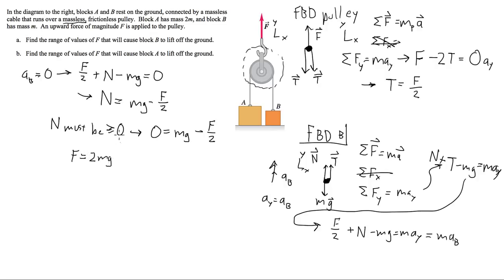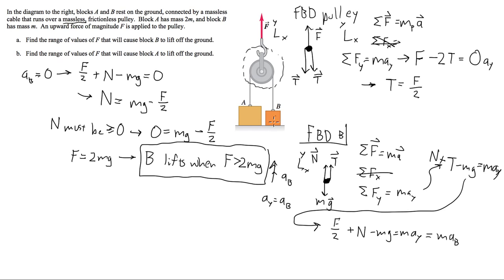And for greater upward force than that, block B is going to lift. So B lifts when the force is greater than 2mg. You have to exert basically twice block B's weight to get it to go up.